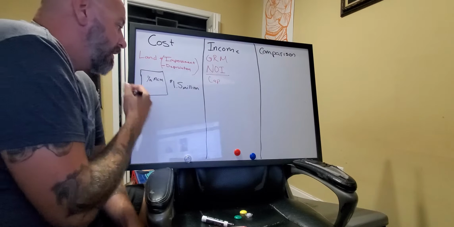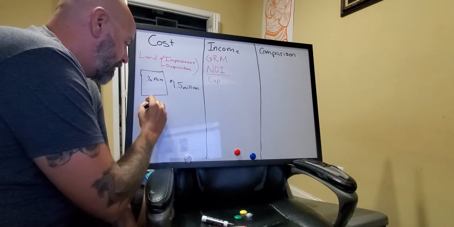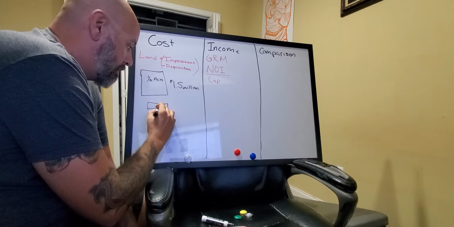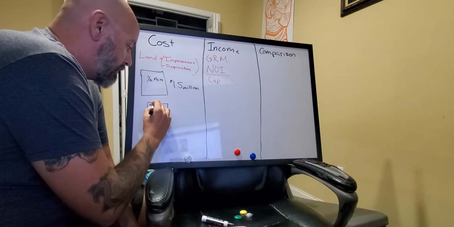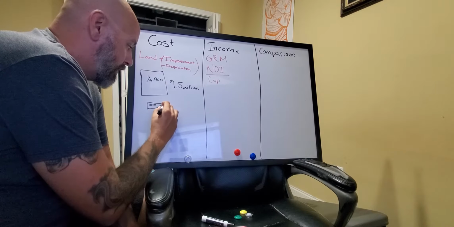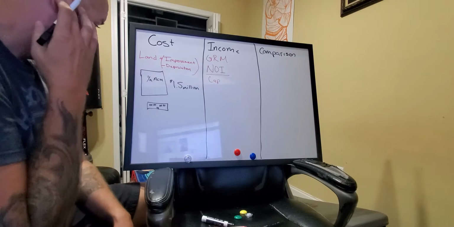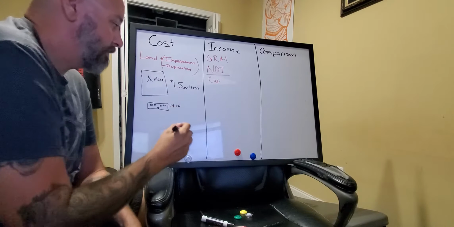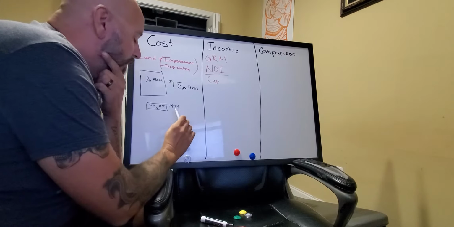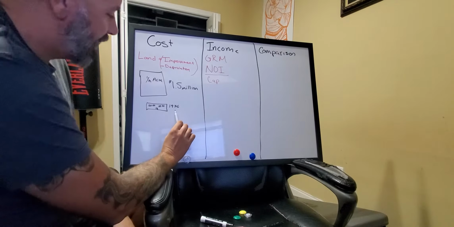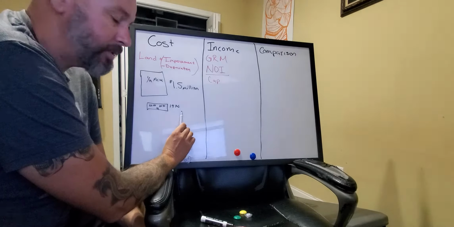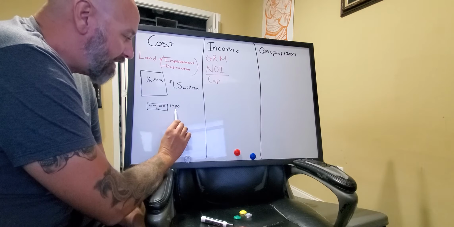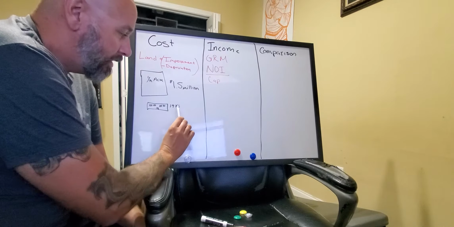Okay. Now, the building that was built on it, your library, was built back in 1976. Okay. So what they have to do is they have to take what it would cost to build this building, and then they have to depreciate the building up to today.